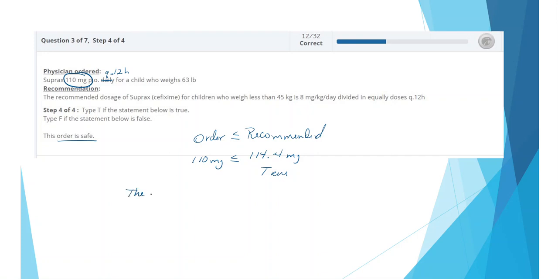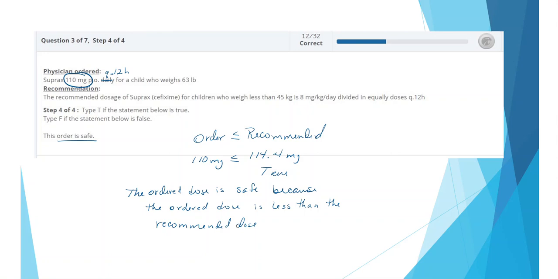I'm going to just put the ordered dose is safe, because your dose is less than the recommended dose.